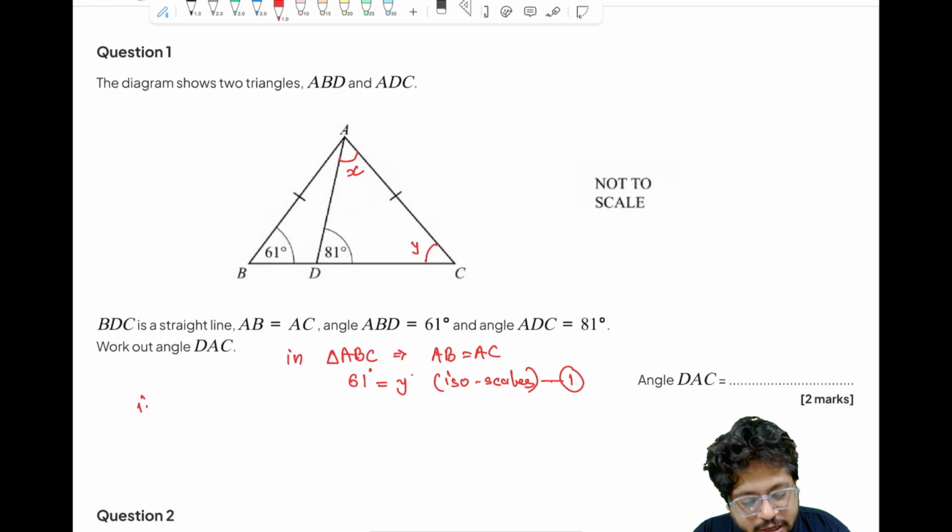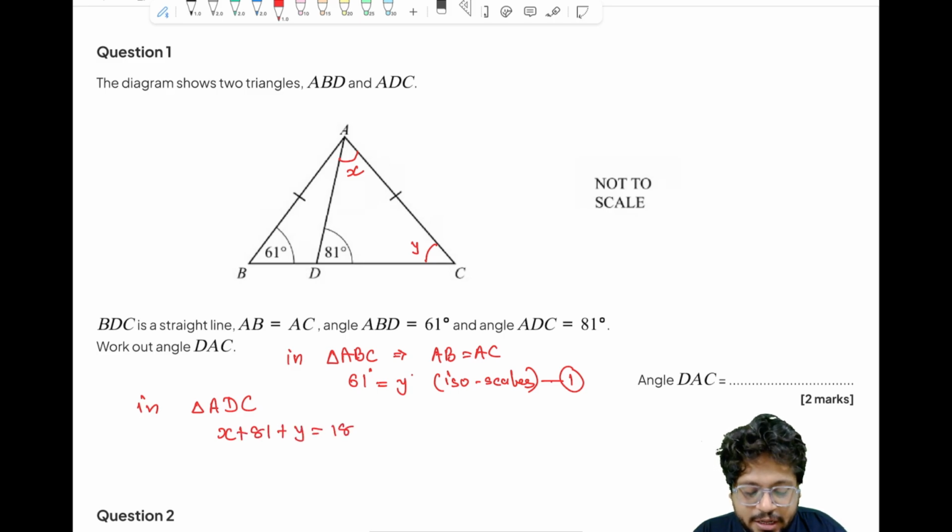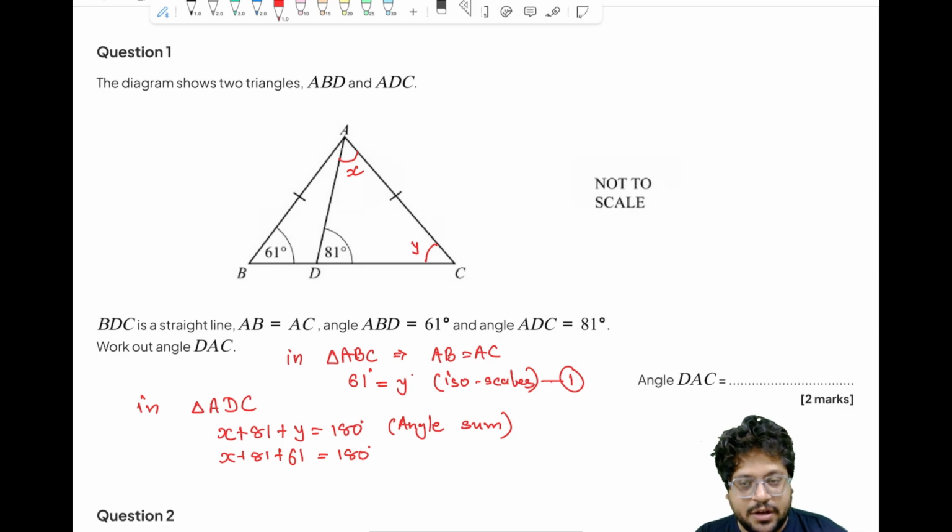Now in triangle ADC, X plus 81 plus Y is equal to 180 according to angle sum. So X plus 81 plus 61 is equal to 180. 81 plus 61 is 142.